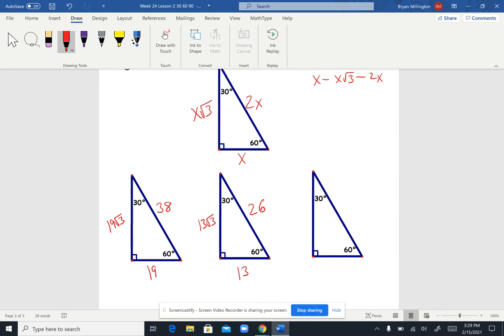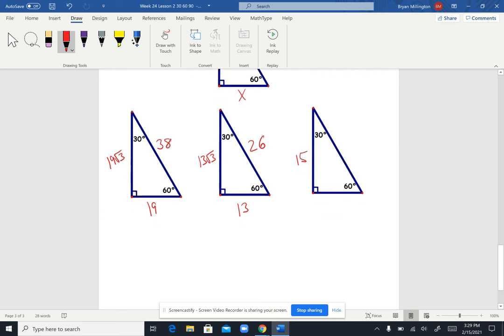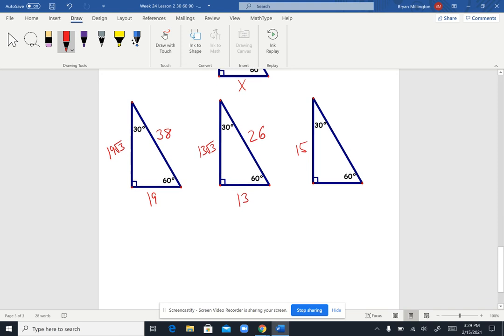All right. Now there is one other case that can happen with these that gets a little tricky. This case is if we give you the one that's across from the 60 and it doesn't have a radical on it. So for instance, if I gave you, I don't know, 15, what you would have to do is a little solving, or once you've done a few of these, you'll see that there's an easy pattern that you can just pick up on.